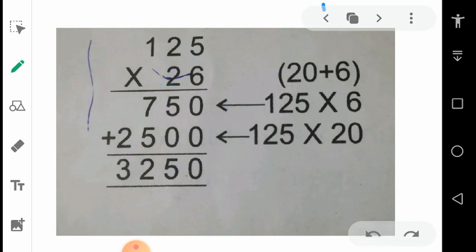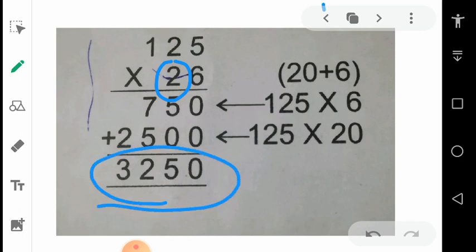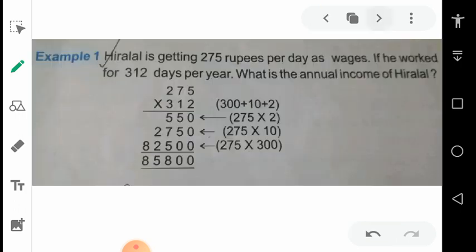As I told you, we are multiplying by 2 only. Okay, see here 2 appears at tens position, so it becomes 20, and we multiply 125 by 20. Finally we will add both the multiplication values which we obtained, and we will get the answer.